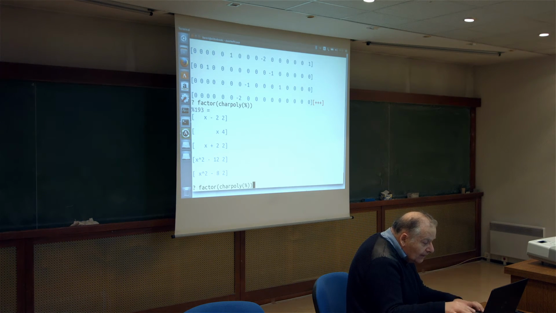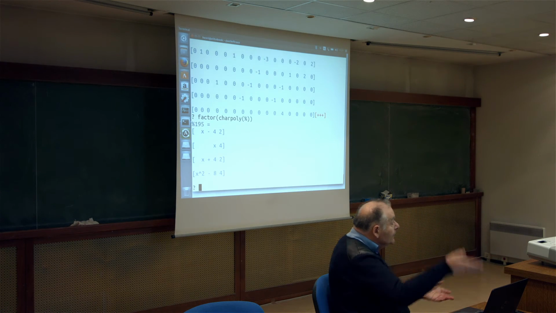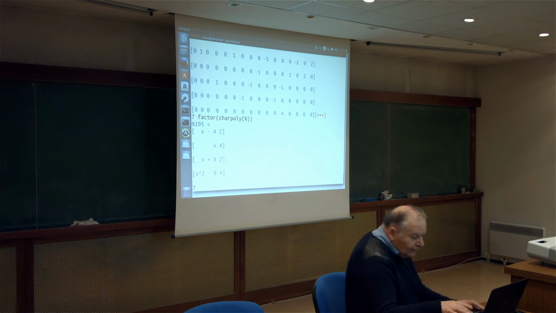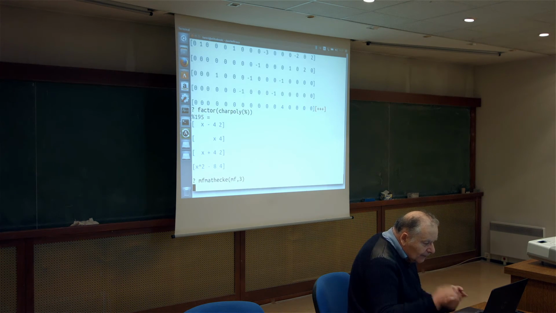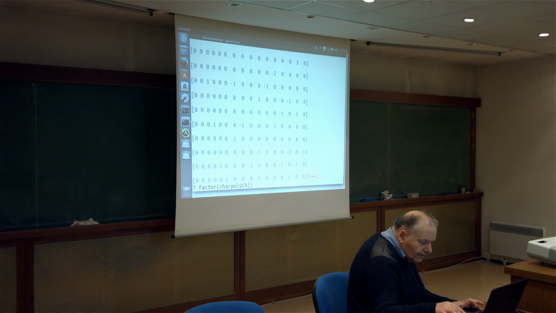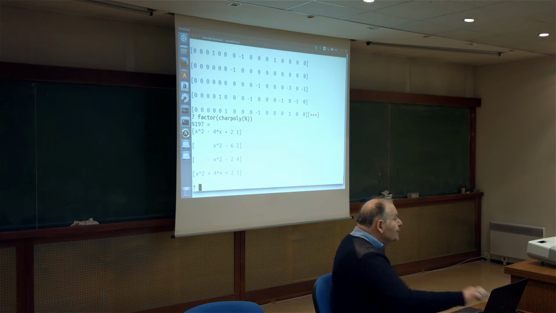I can do the same with the Hecke operator T7, for instance. Once again, if you factor it, you only have squares. If you do it with 3, it looks better. If you take the Hecke operator at 3 and factor the characteristic polynomial, you do get ones, but you still have even exponents.